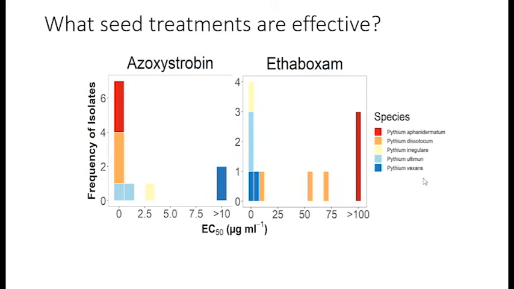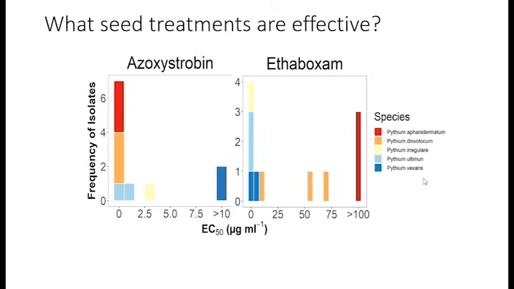It's not effective. Ethaboxam is the same, but it kind of switches, right? The species, in this case. Pythium vexans, which was not being controlled with azoxystrobin, gets very well controlled with ethaboxam, but Pythium aphanidermatum, it's like you're giving it water. Doesn't help at all. So yeah, it changes.